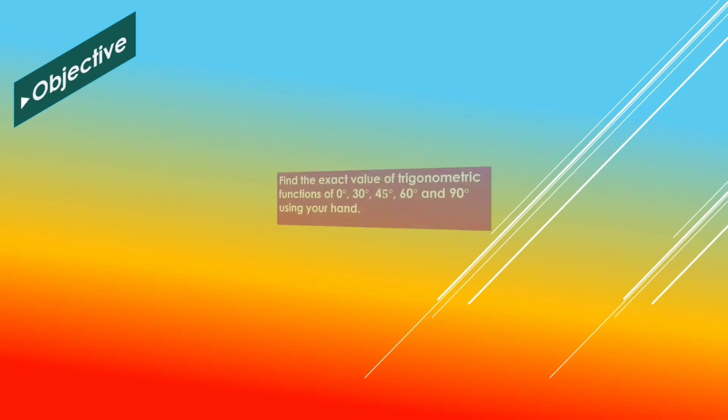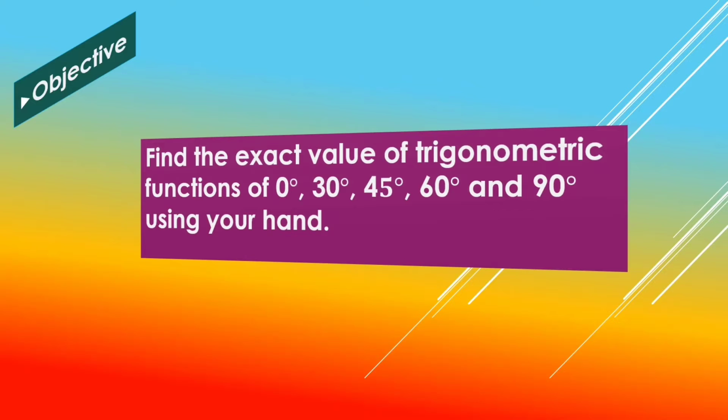Our objective: find the exact value of trigonometric functions of 0 degrees, 30 degrees, 45 degrees, 60 degrees, and 90 degrees using your hand.